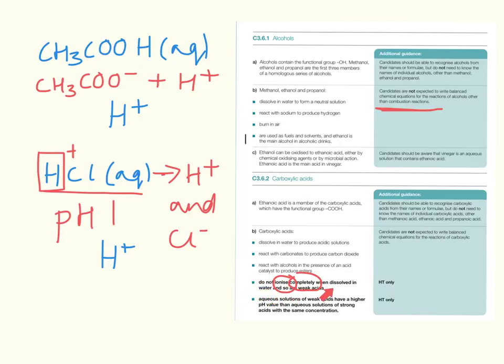And so when it is in solution, it has a higher pH than 1. You normally expect ethanoic acid to come out at about pH 3. So vinegar will come out at about pH 3. And that's because the compound, the ethanoic acid, has only partially ionised.